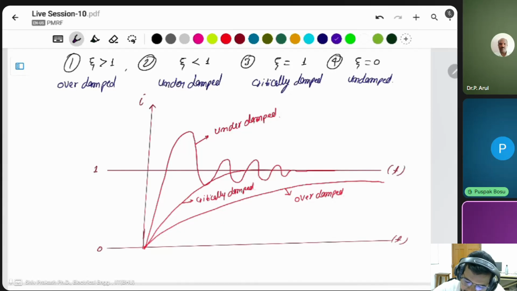Undamped system is simply oscillatory, an oscillatory function, continuing like that till infinity. This is the undamped system.